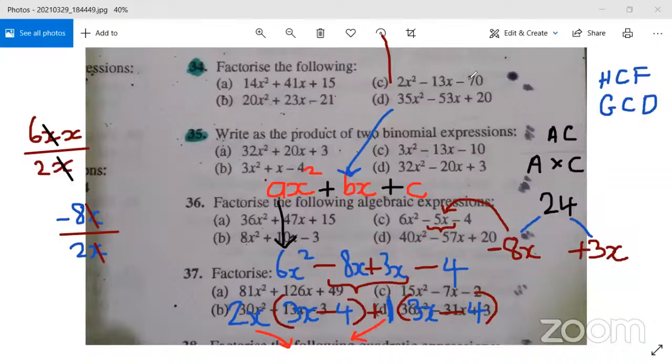Now, the reason why I would do that is because when we are about to write our final answer, seeing that 3x minus 4 appears twice, we'll only write it once over here, right?